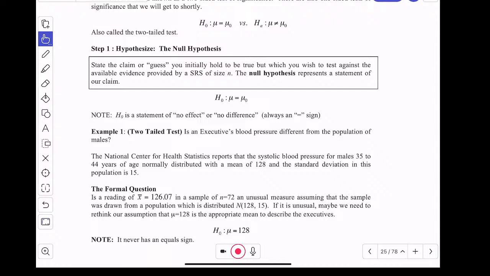Okay, so we're going to conduct this test. I'm going to take this information onto a blank page. We're going to begin with a two-tailed test.